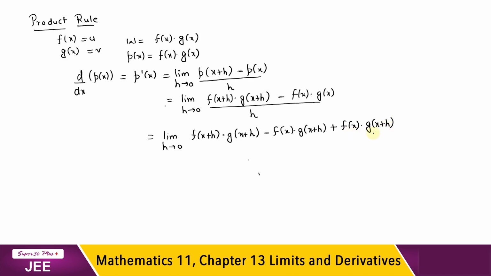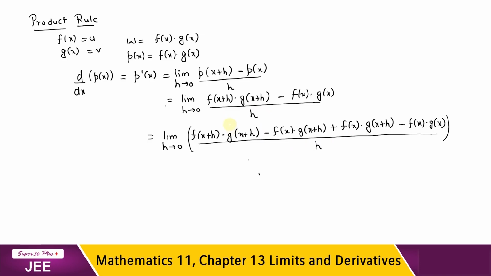I have added this term and also subtracted this term, which means I have not changed this expression. And further we have minus f(x) into g(x), whole divided by h. I hope everybody understands what change I have made to this expression. We have added some quantity and also subtracted the same quantity so that the expression is unchanged.